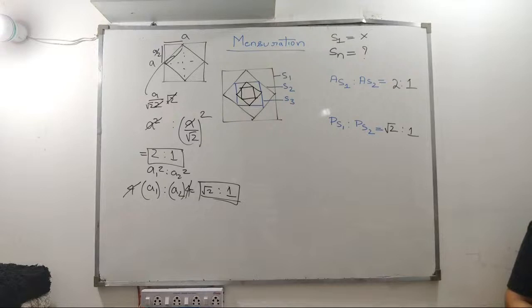गलत, x by 2 is the wrong answer. गलत, x by n is also the wrong answer for Sn.